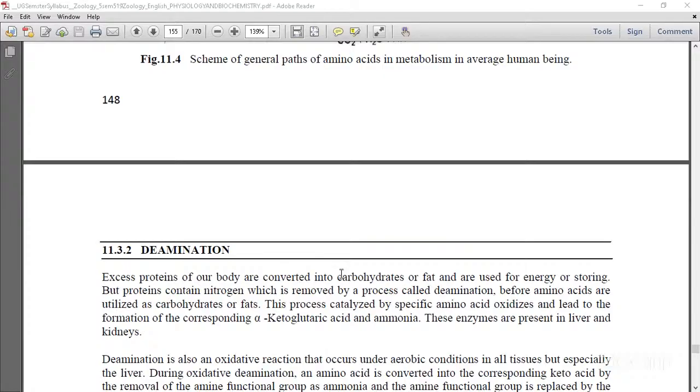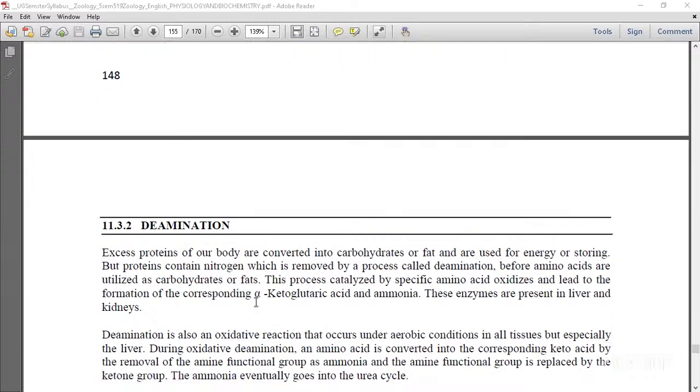These enzymes are present in the liver and kidneys. Deamination is also an oxidative reaction that occurs under aerobic conditions in all tissues, but especially in the liver.